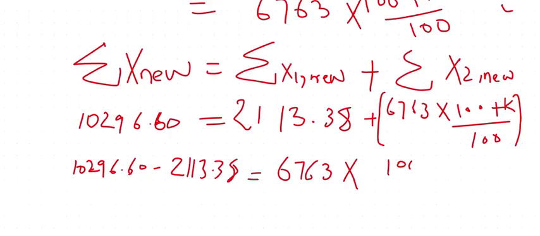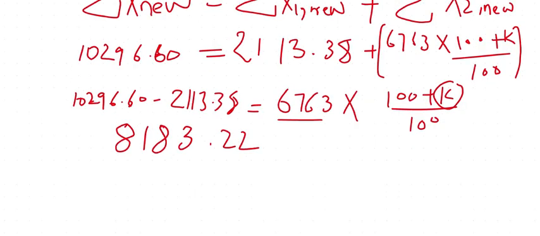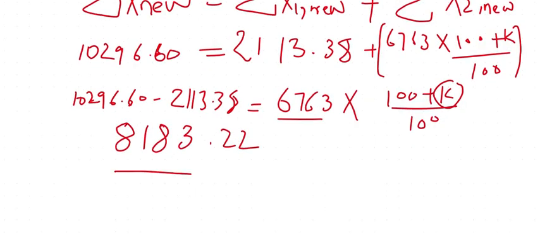So the answer we have is 8183.22, and this 6763 is multiplied, so when we move it to the left hand side it becomes divide. We have 8183.22 divided by 6763 equals 100 plus k by 100.